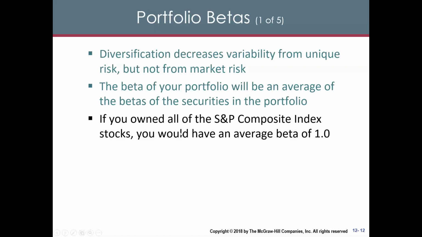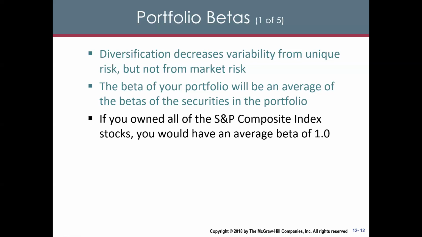Next, if we own all the S&P 500 index stocks, you will have an average beta of 1.0. Why? Because if our portfolio has all the S&P composite index stocks, by definition it's a market portfolio.